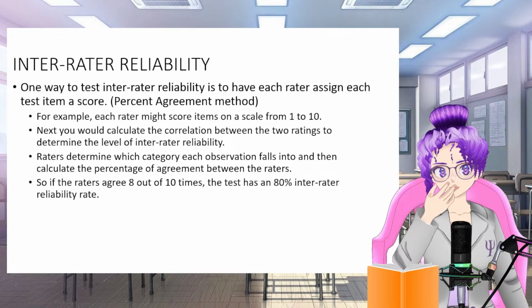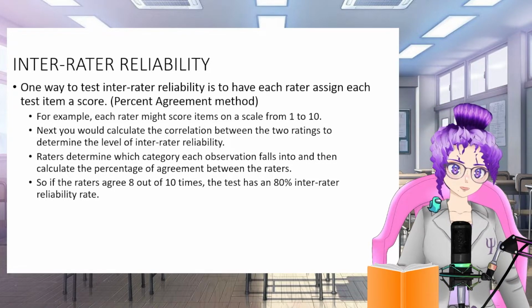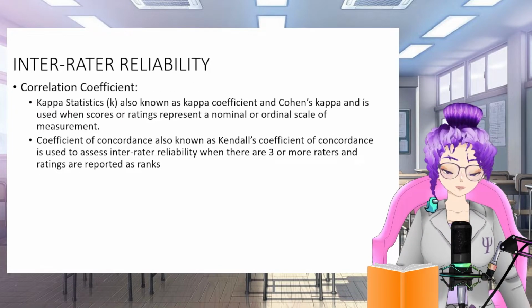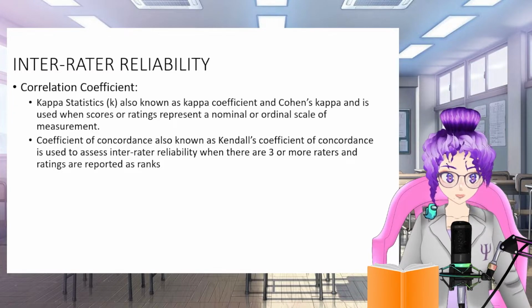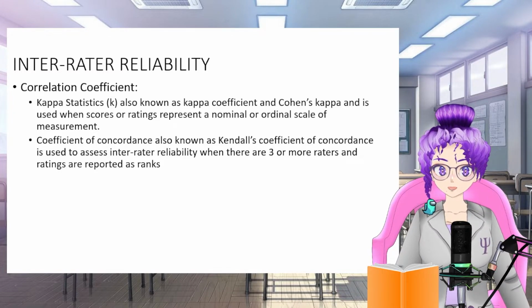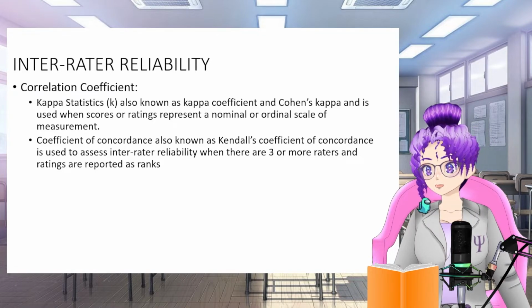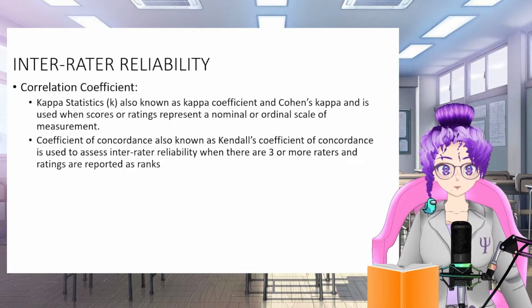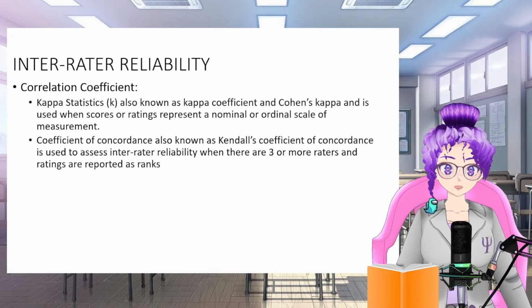Another method for inter-rater reliability is through correlation coefficients. There are two: the kappa statistic and the coefficient of concordance. The kappa statistic is also known as the kappa coefficient or Cohen's kappa, and it is used when scores or ratings represent a nominal or ordinal scale of measurement.